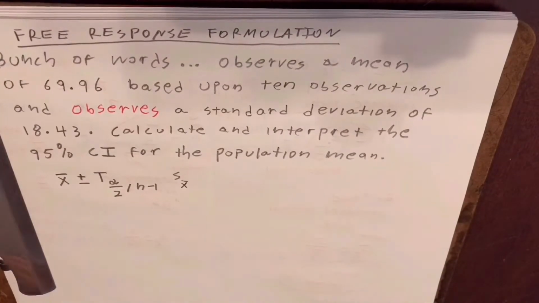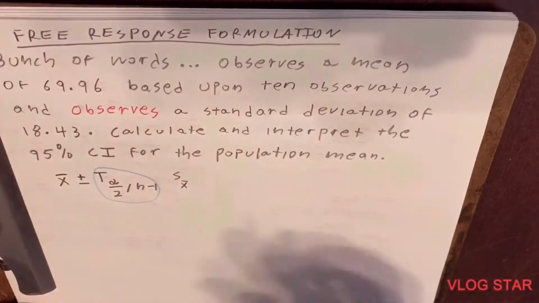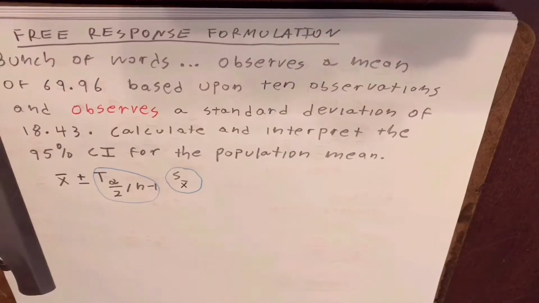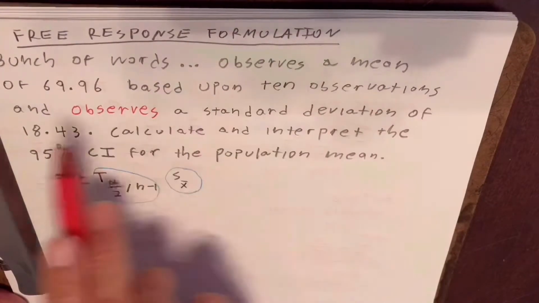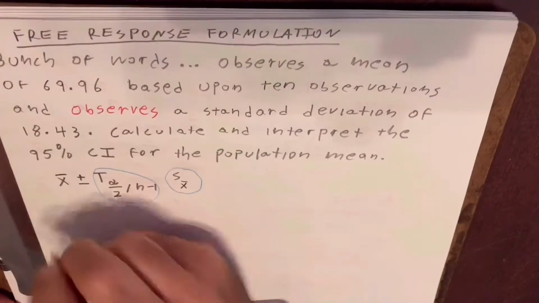Want to remind you that this is a single symbol which comes from a statistical table, and this is a single symbol that comes from a formula. So let's put this stuff in. So observes a mean of 69.96. That's this.